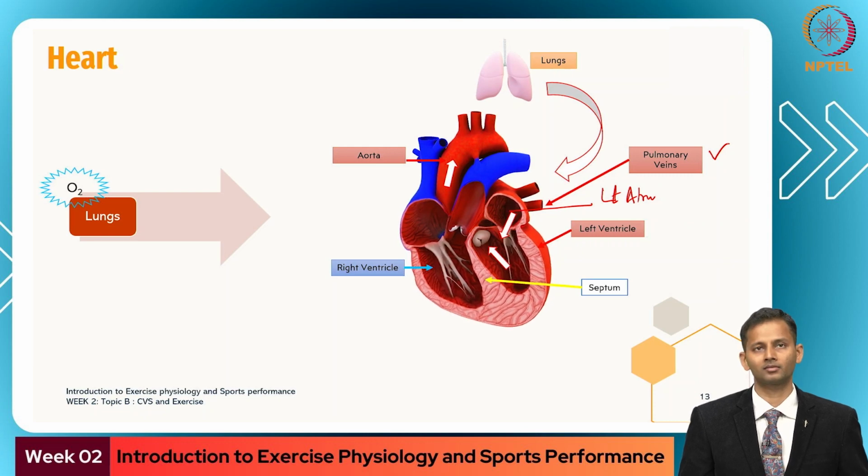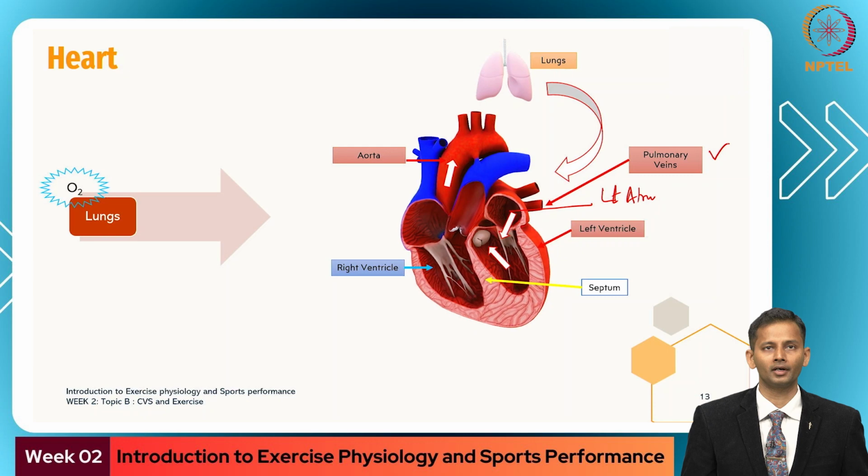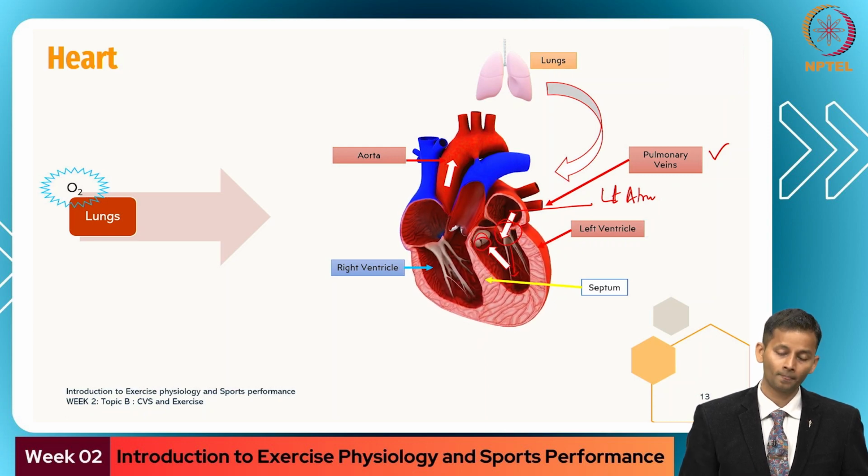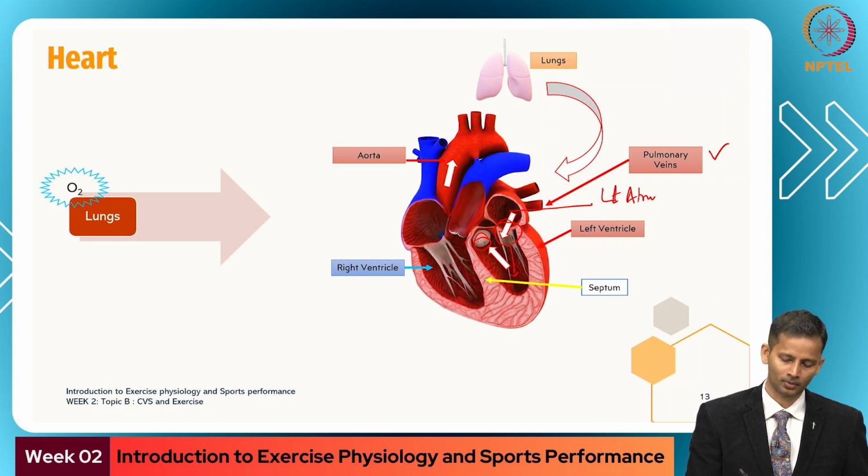So the pulmonary veins carry the oxygenated blood and drain into the left atrium, and from the left atrium through the mitral valve the blood enters the left ventricle. When the heart contracts and you see the aortic valve opening, the blood which is filled in the left ventricle is pumped into the aorta.